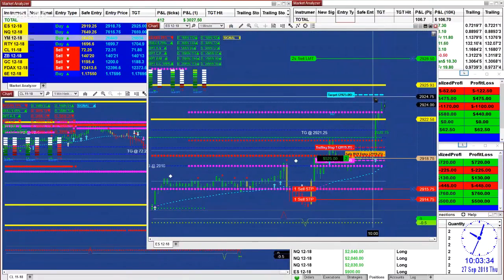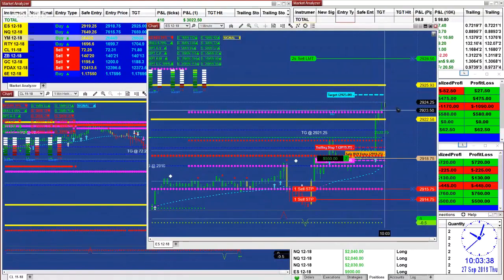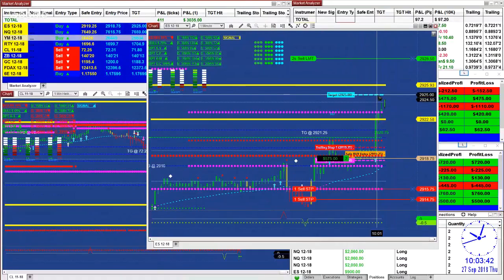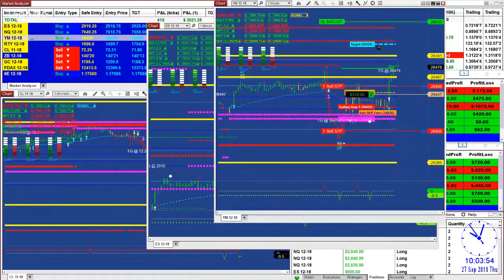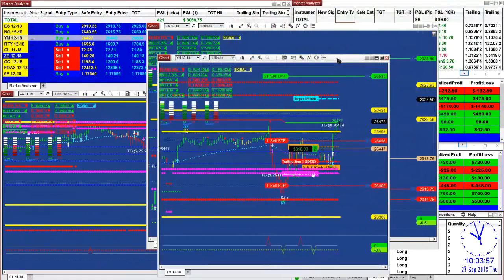It can go one bar above or below, but this is where the ES destination is, 29.25. It can go one bar above or below, but trading long with the ES is over. Also, trading long with the Nasdaq is over.